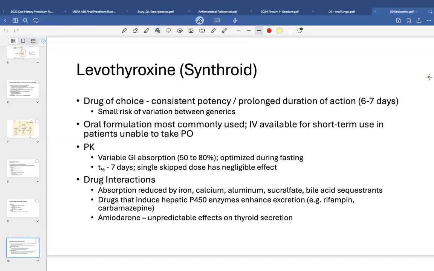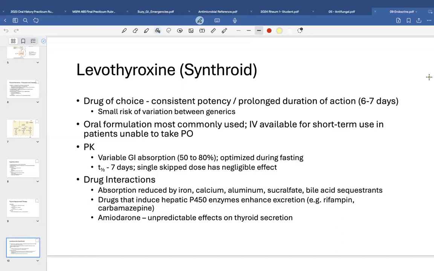There are some absorption interactions, as it can be bound by iron, calcium, aluminum sulfate, which, if you remember, is a drug we use for stomach ulcers, as well as acid suppression. It can be cleared by P450 inducers, including rifampin and carbamazepine. And then amiodarone. Amiodarone is just a very funny drug when it comes to thyroid disorders.